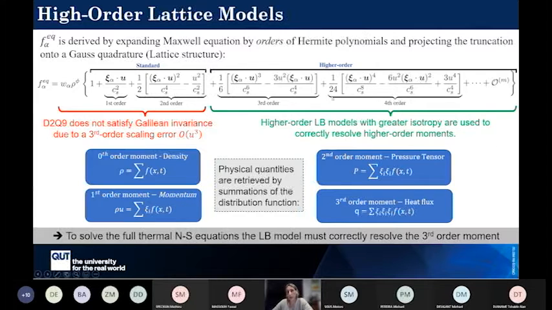If we move to higher order lattice Boltzmann, then we can retrieve the second and third order moments, so we can retrieve the pressure tensor and the heat flux, meaning that we can fully resolve the Navier-Stokes equations. That's one of the main reasons why we want to move into higher order lattice structures.